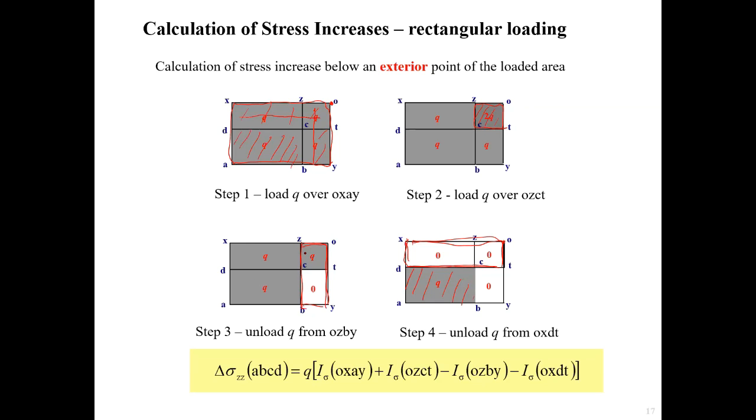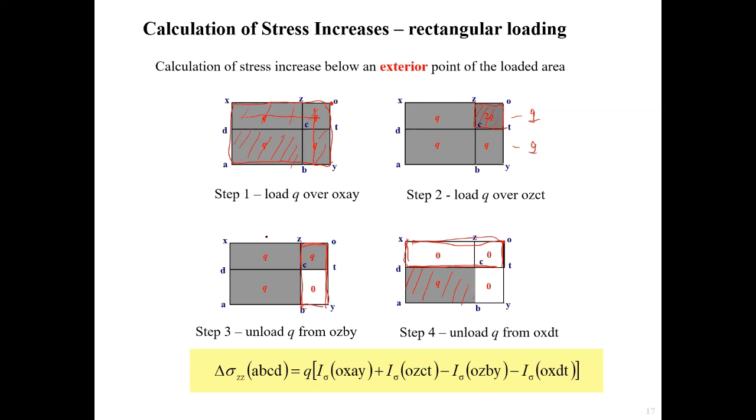And then in step 3, you minus this rectangle. This is 2Q, this is Q. So 2Q minus Q, and this is Q minus Q. So Q minus Q, here you no longer have loading. And this 2Q minus Q becomes Q. Next we minus another rectangular loading on the top.